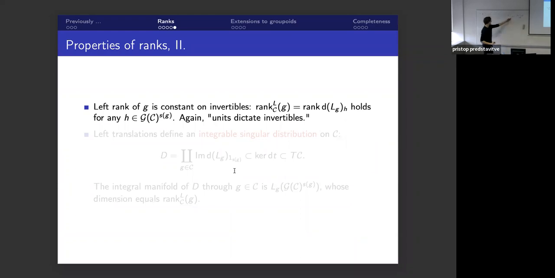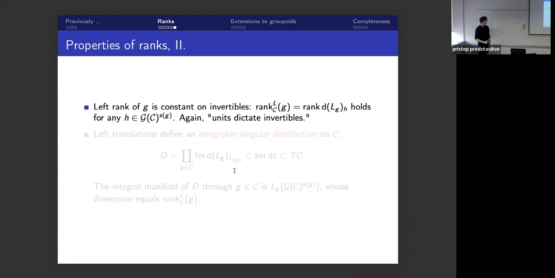Now, if you take a look at these expressions, what you get here is precisely right multiplication by c restricted to the core. Well, of course, you have to keep in mind what you can multiply this with, and this is just going to be that the source of the invertible element has to be the target of c, right?